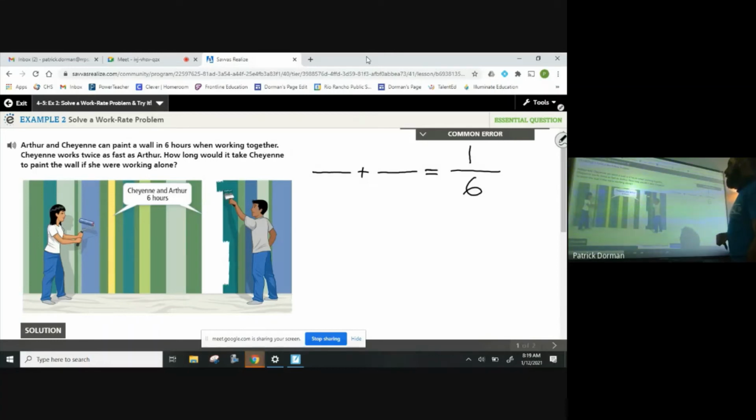So how long will it take Cheyenne to paint the wall if she were working alone? All right. So I think that means that Cheyenne's work rate is our variable, right? So we've got Cheyenne's work rate.